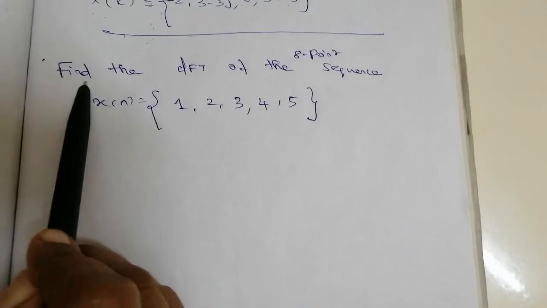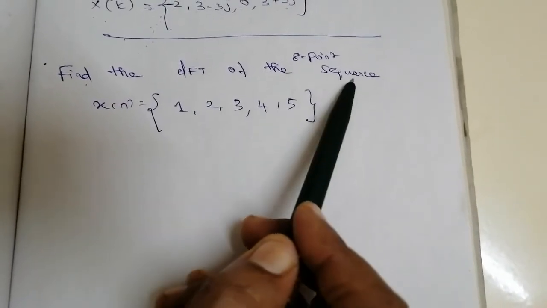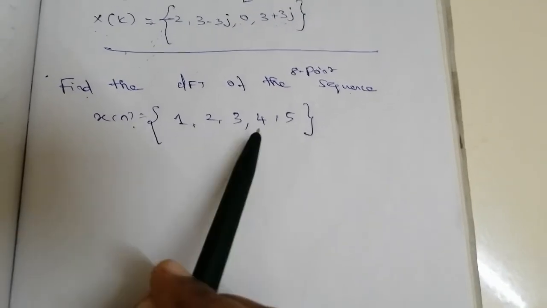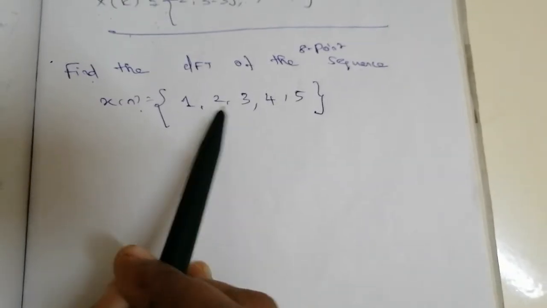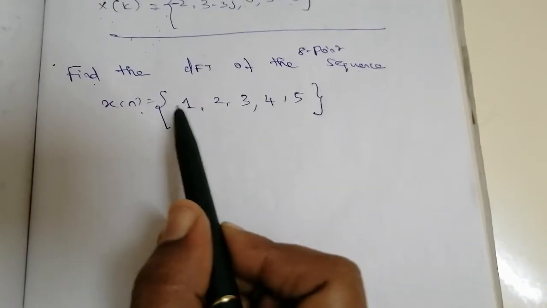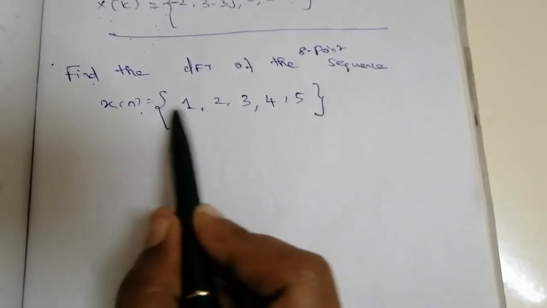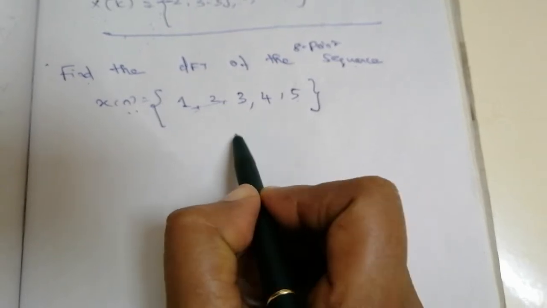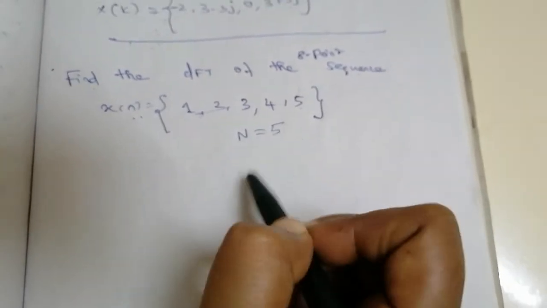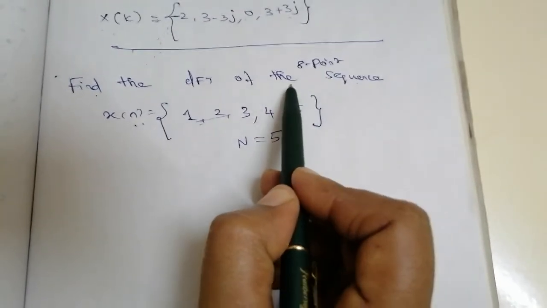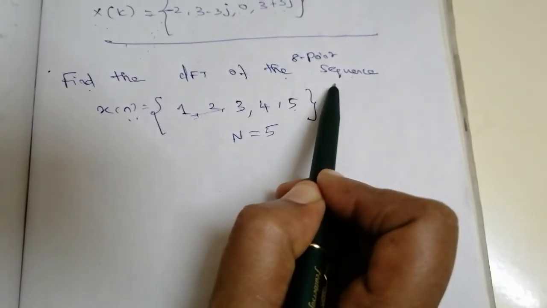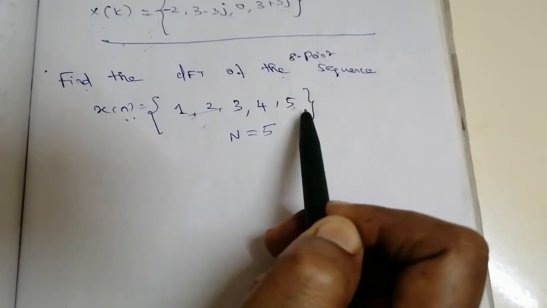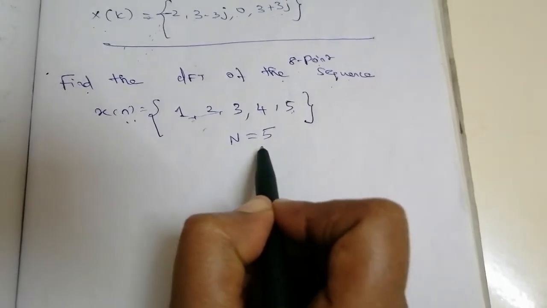So next problem, find the DFT of the 8-point sequence x of n equal to 1, 2, 3, 4, 5. So this is our question. Here we have to note one point. The input sequence length is 5: 1, 2, 3, 4, 5. But the question asks to find the 8-point DFT of the sequence. If 8-point, the input sequence should have 8 values. But the given sequence has 5.